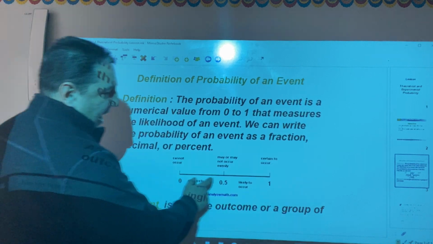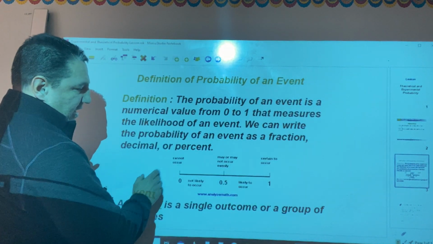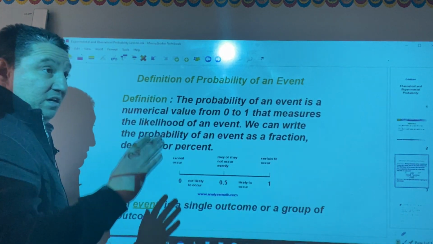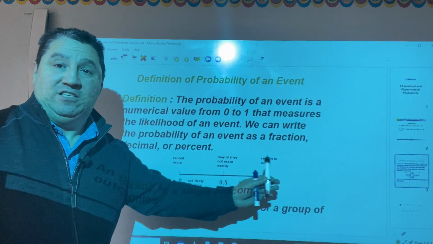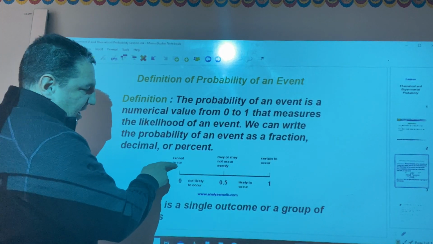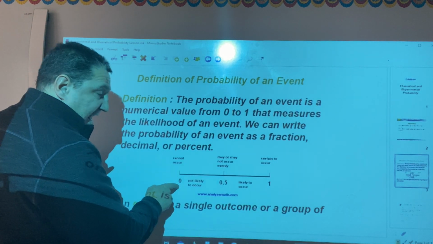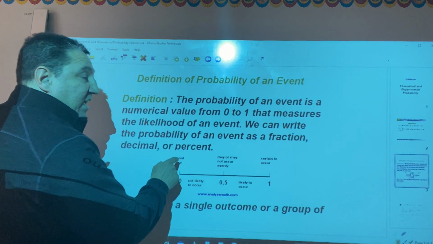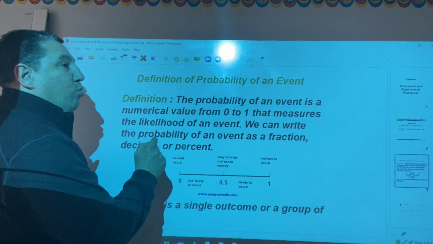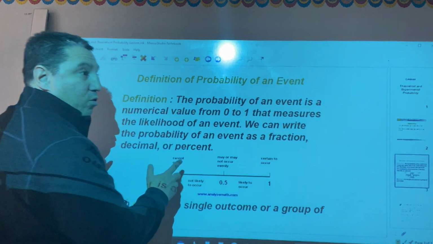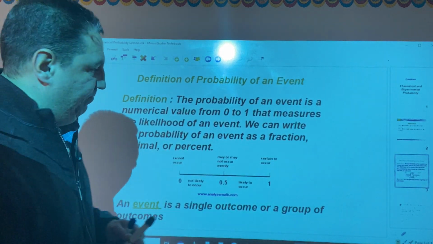In this diagram, I prepared a few special cases for you. If the probability of an event is 0, that event is impossible to occur, or simply cannot occur.